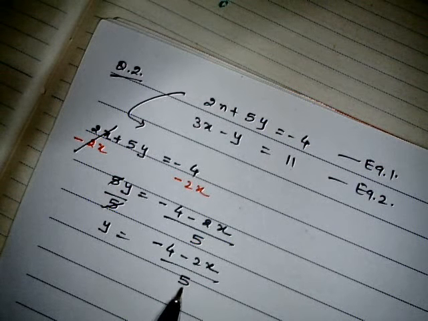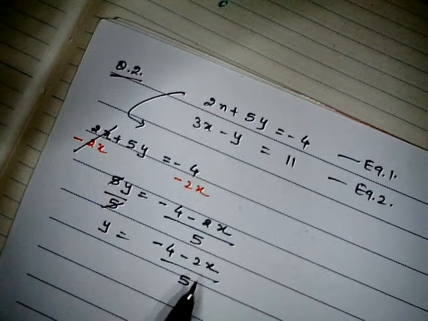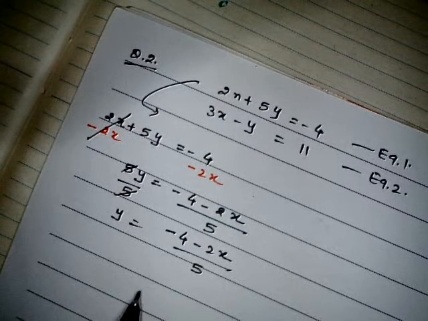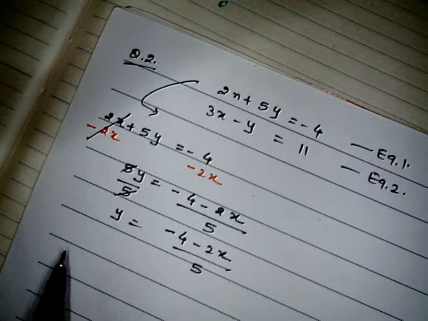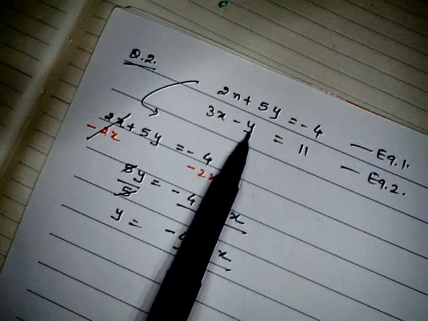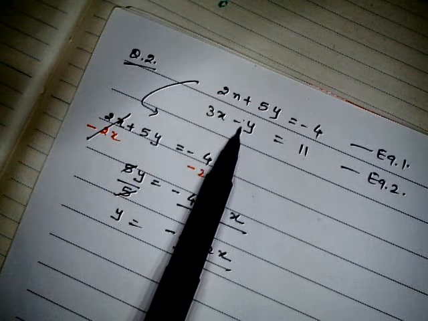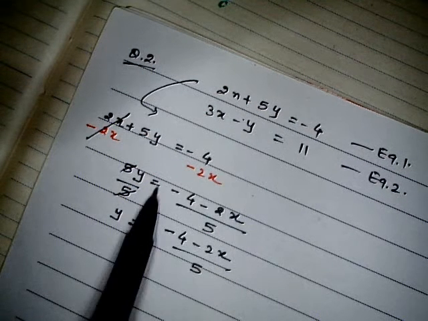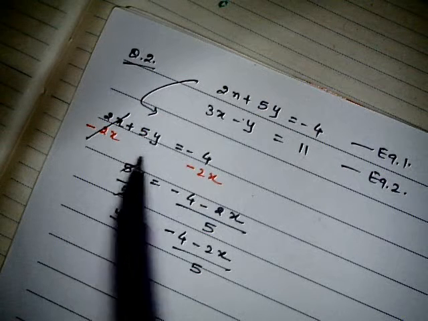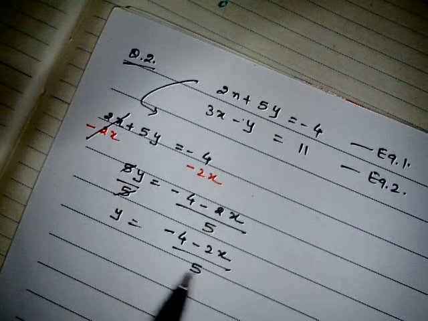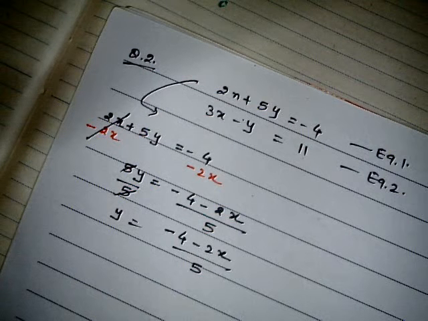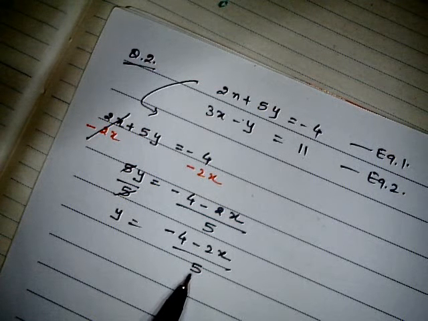So the calculation will be a bit difficult in comparison to the last video, in which I chose the equation where y had nothing with it, so this step was not required, and nothing was coming in the denominator, so it was a bit easier. Anyway, this is also not going to be tough. When you do 2 or 3 questions, it will be easy for you.